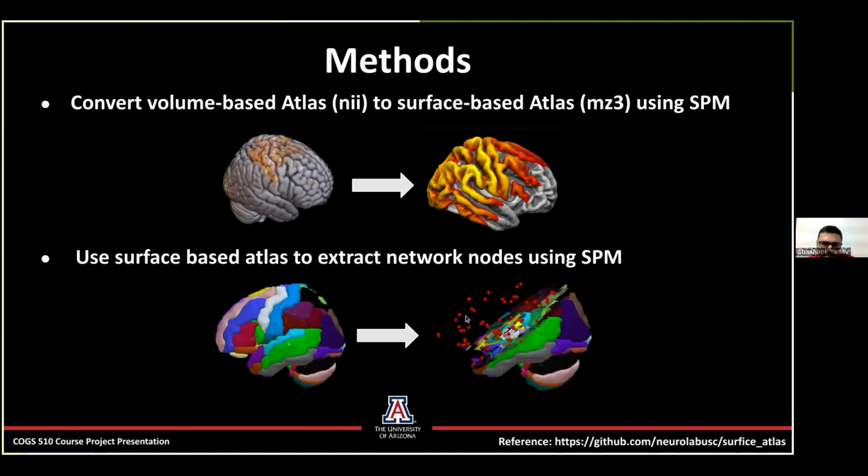Like I said, this tutorial uses an atlas which has 88 brain regions. So we get a 3D network of 88 nodes, which locates the central part of each region. And then we can overlay our connectivity matrix over these nodes to visualize it.